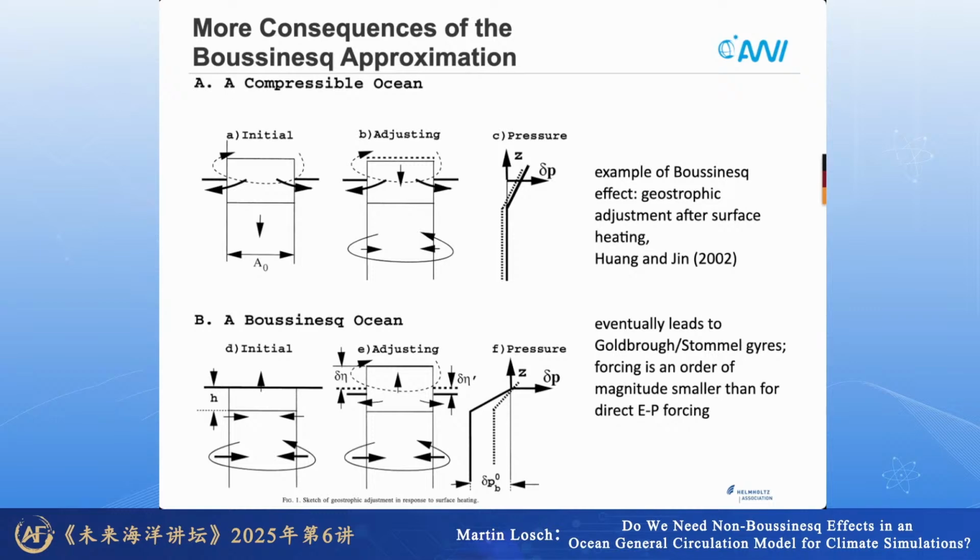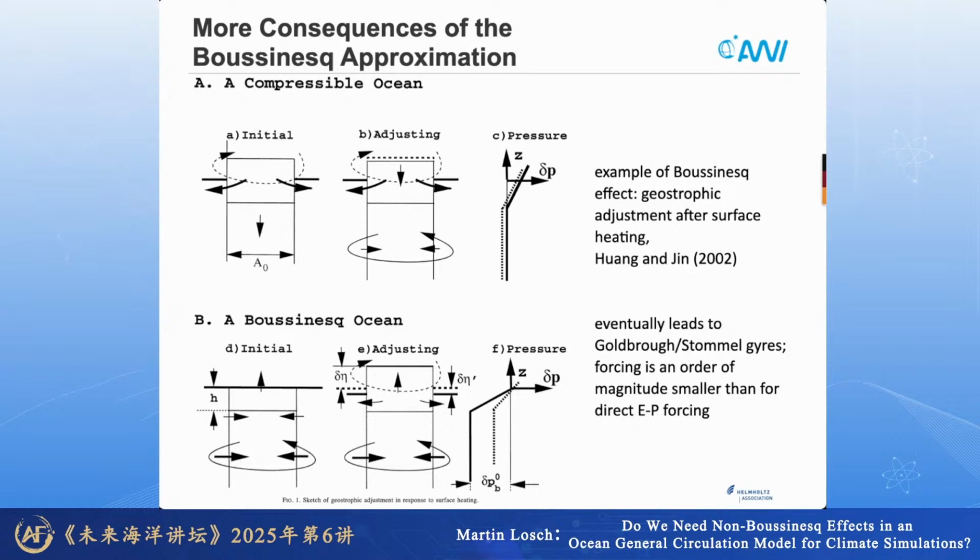So you warm the ocean, you take away mass unphysically, and then the whole process starts. This type of adjustment leads to so-called Goldsbrough-Stommel gyres, which is an order of magnitude smaller than the direct forcing by freshwater, but still it's a circulation that you could in theory measure, and Boussinesq models do not have this circulation.